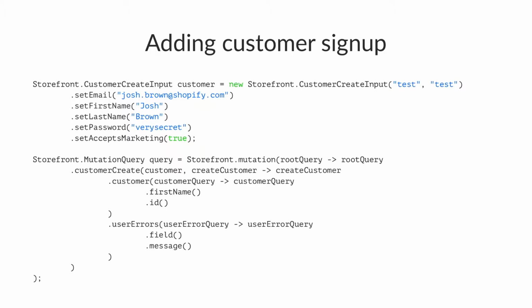So in this case, we would create the customer create input and provide the email address, the first name and last name, and also a password. You can provide other fields as well, like accepts marketing, which says if they want to receive marketing emails, for example. And this is a pretty exciting aspect of the SDK because the customer database in Shopify is used for all sorts of different things. It's not just a list of customers, it could also correspond to a mailing list that the merchant uses.